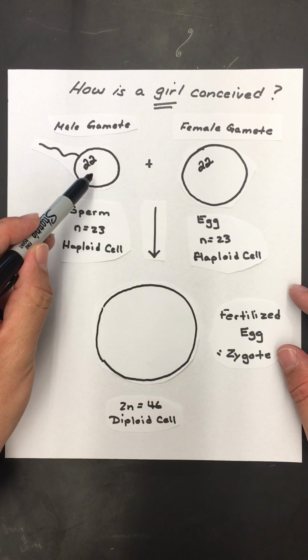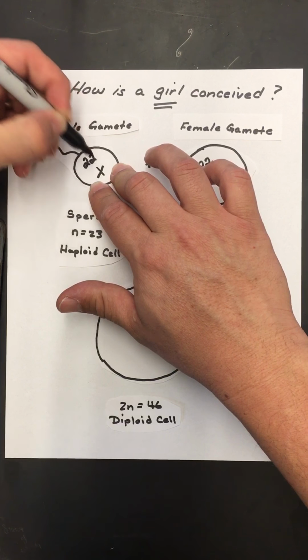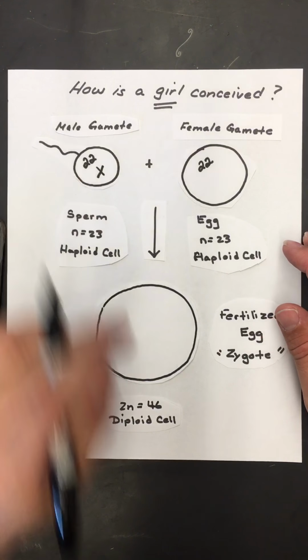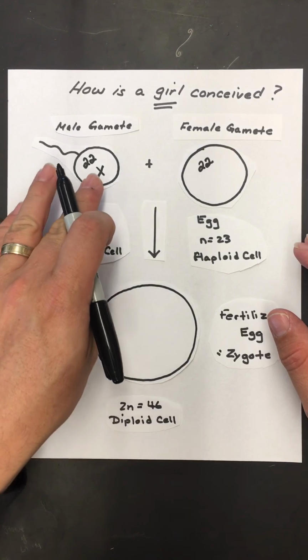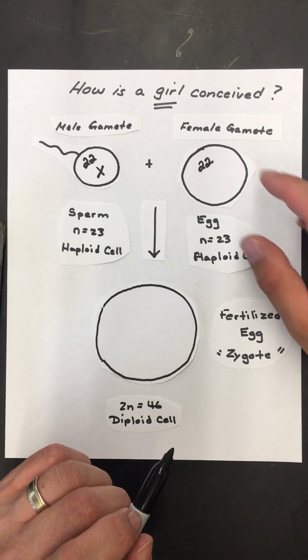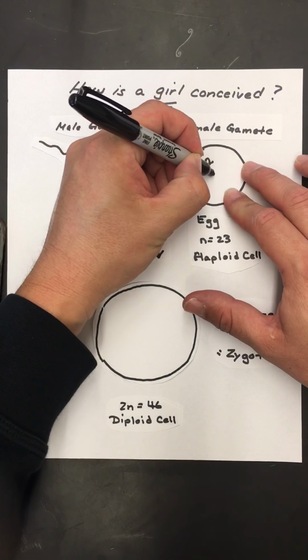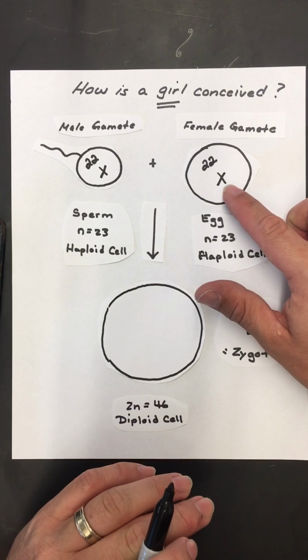So notice we've talked about 22 chromosomes or 22 autosomes, but we need to have 23. So the 23rd chromosome, okay, to be a girl, dad, literally, okay, there needs to be an X chromosome. So there's these things called sex chromosomes, and an X chromosome is one type of sex chromosome, all right? Mom also, okay, in the female gamete has an X chromosome.